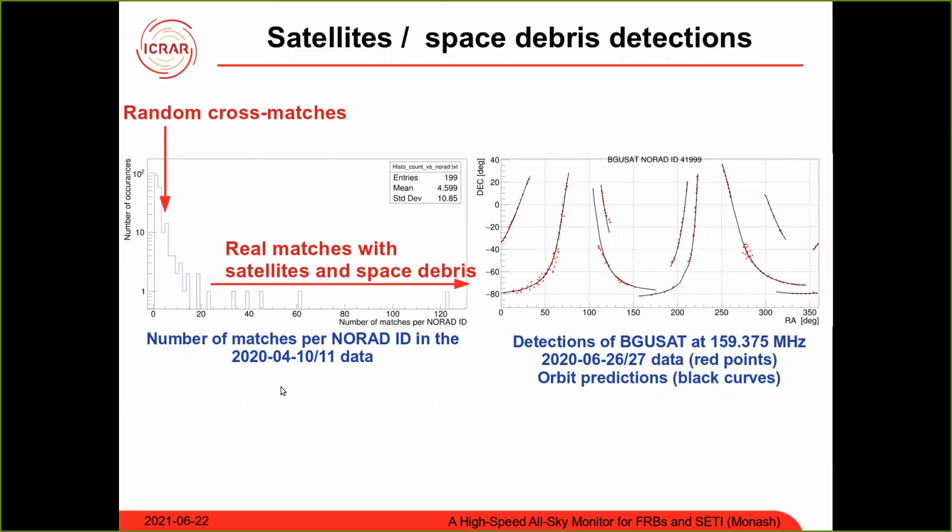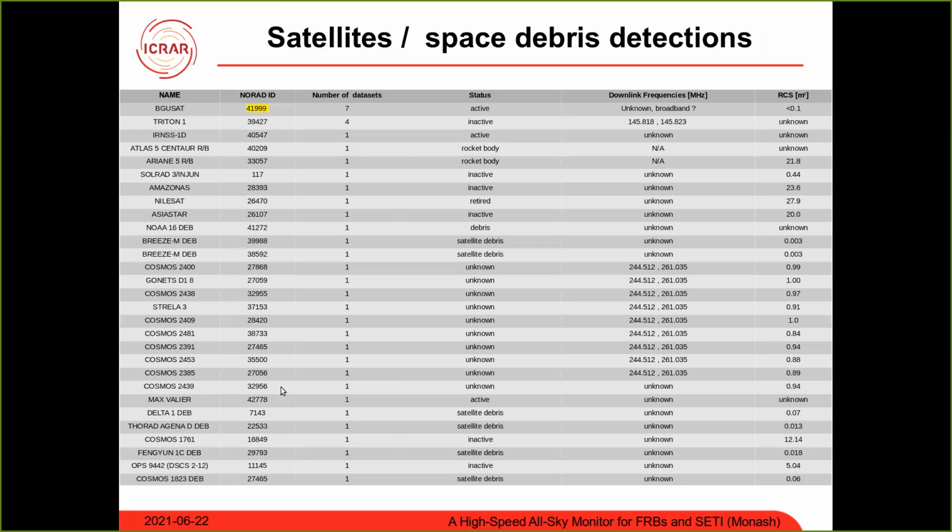So here is another example of BGUSat. On the right, you can see my transient detections, and the black curves are the orbital paths predicted for this particular satellite, which is again BGUSat. So we've detected many satellites.